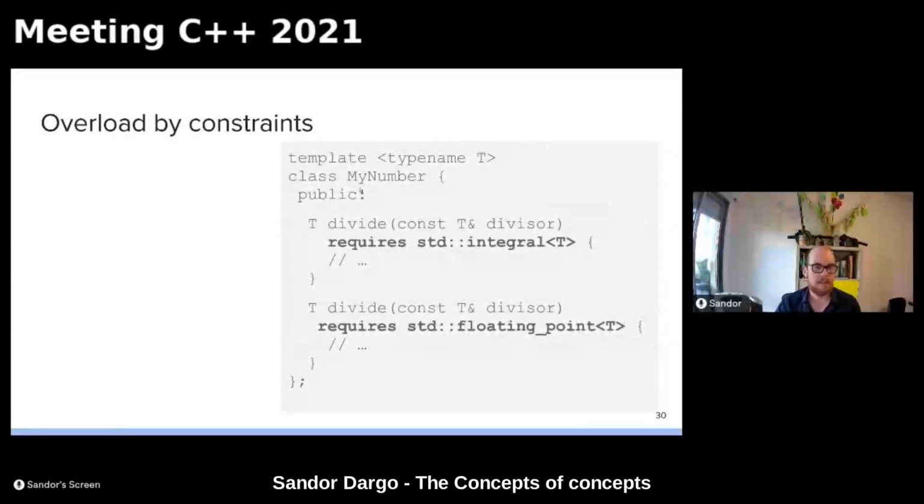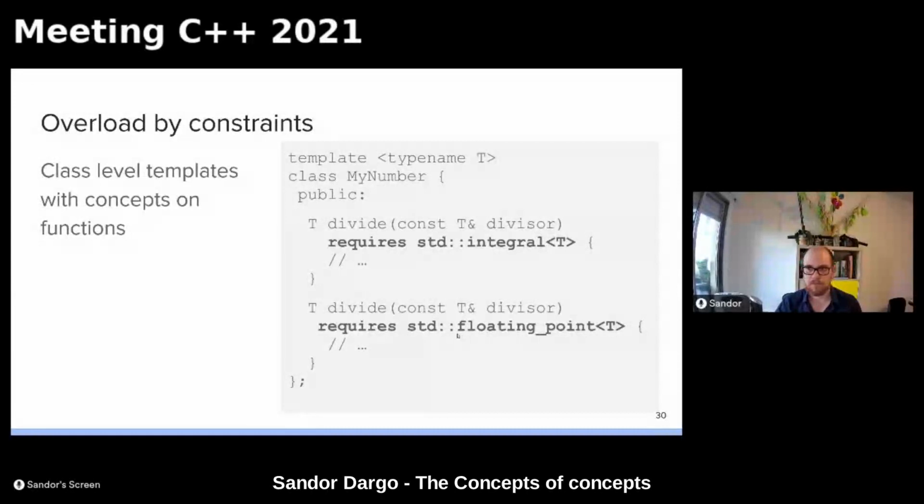So let's say you have this class myNumber, where we have a template parameter T, and here we provide two implementations, two overloads, if you like, for the divide function. One for integrals and one for floating points.